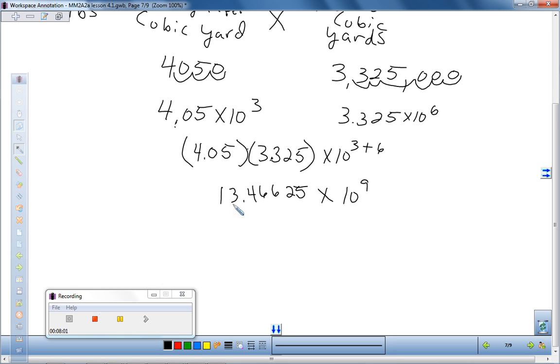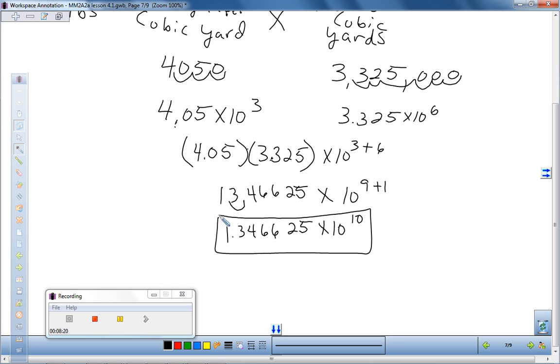Now we want to keep this in scientific notation, so we're going to move the decimal place. We moved it to the left, and anytime we move it to the left, we add to this number. So we have 1.346625 times 10 to the 10th, which would be our final answer in scientific notation.